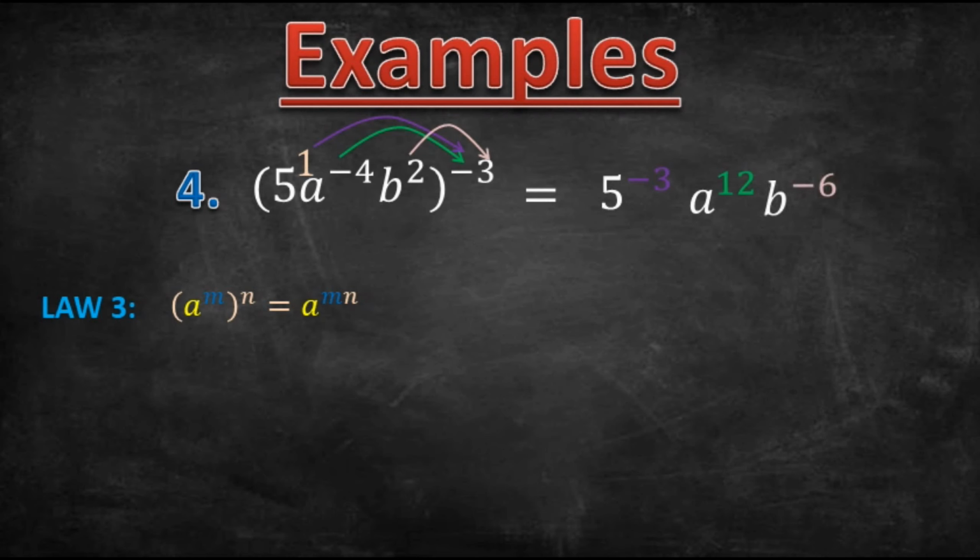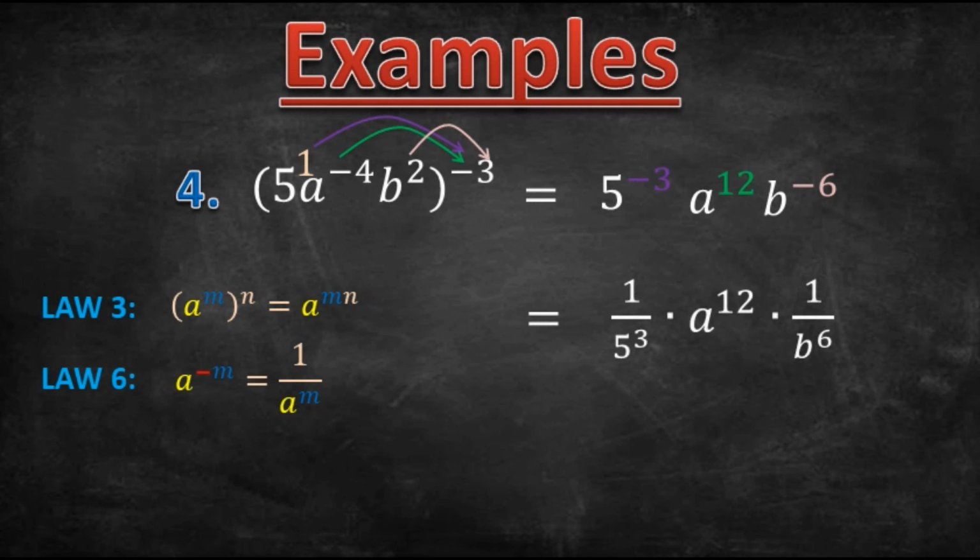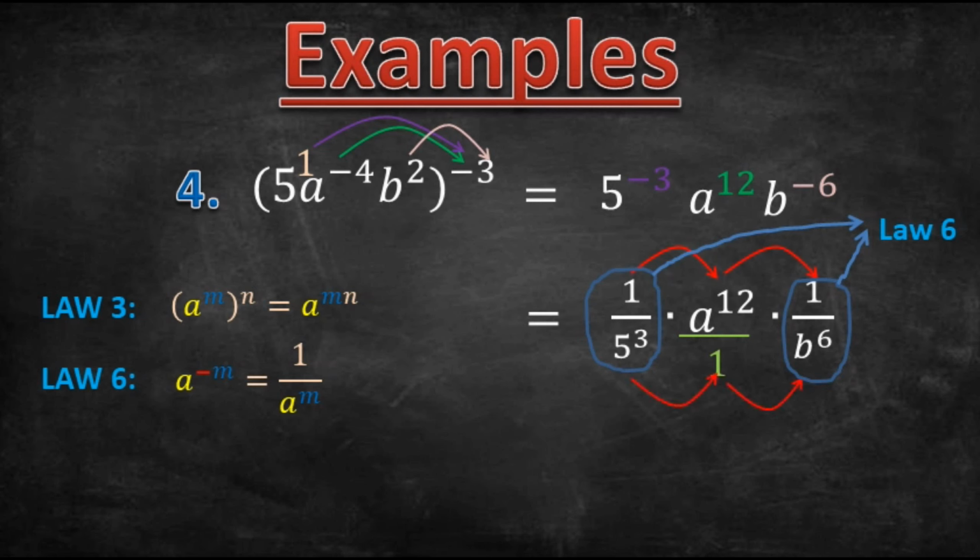Now we're going to use law 6 on the factors in this expression that have negative powers. So 5 to the -3 would become 1 over 5 cubed, and b to the -6 would become 1 over b to the 6. Also remember that a to the 12 is the same as a to the 12 over 1. So now we multiply the numerators and we multiply the denominators. So we get a to the 12 divided by 125 times b to the 6.